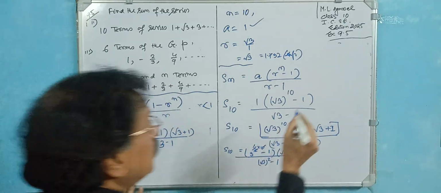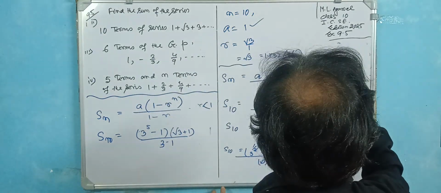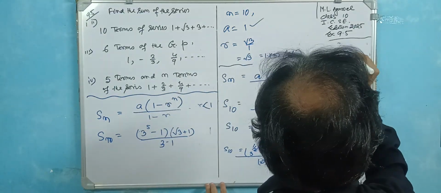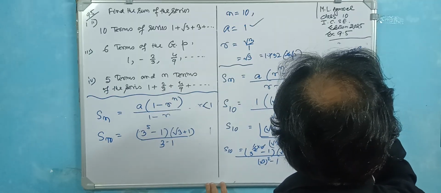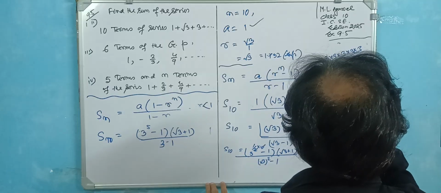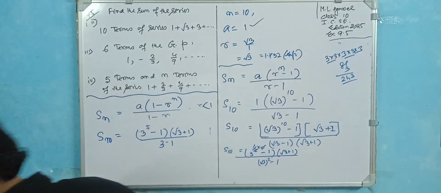So actually, what is the value of 3 to the power 5? 3 into 3 into 3 into 3 into 3. 3 times 3 is 9, 9 times 9 is 81, 81 into 3 is 243. The calculation must be right.